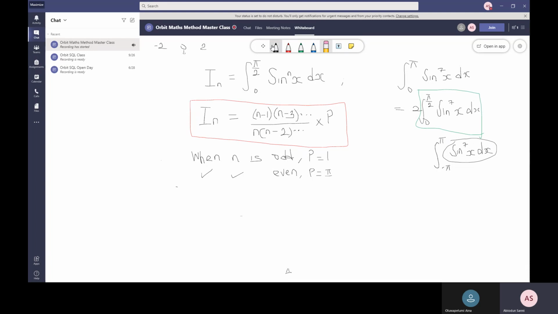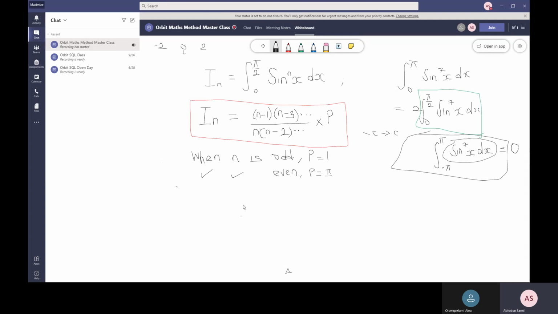From here, are you with me? If you have the integral of a function going from minus c to c, like in this case minus pi to pi, and what you have inside is an odd function, you don't need to do any integration by parts or any integration at all. Just say that the answer is equal to 0.